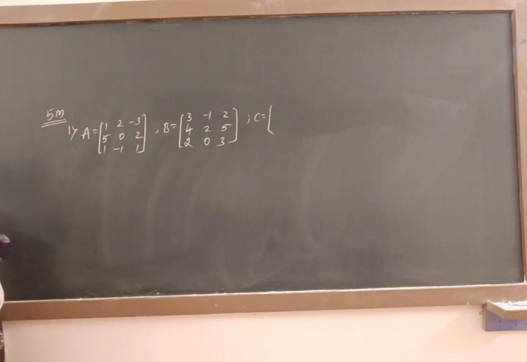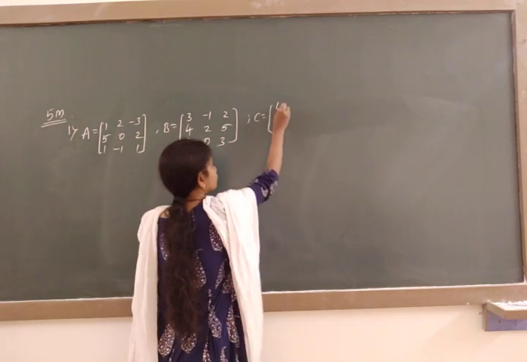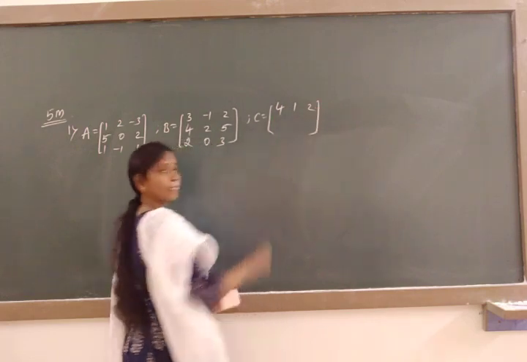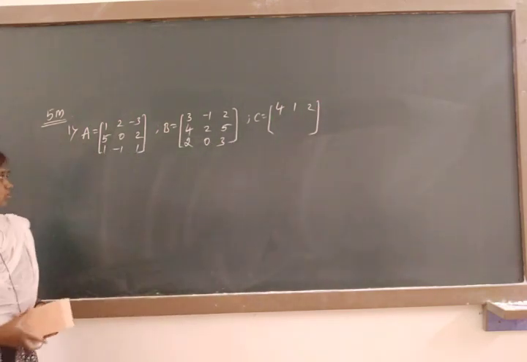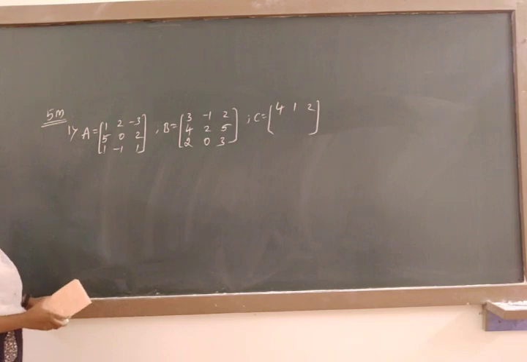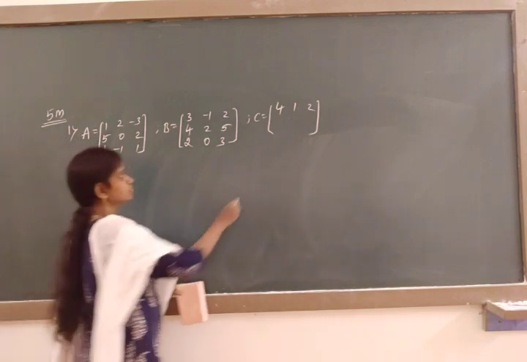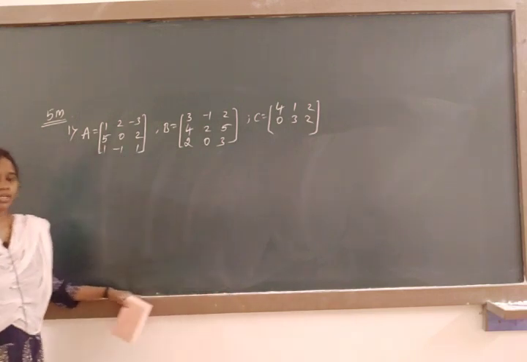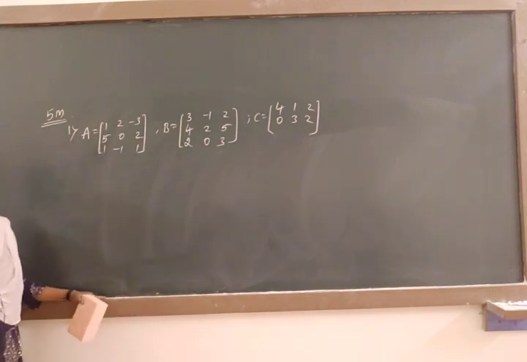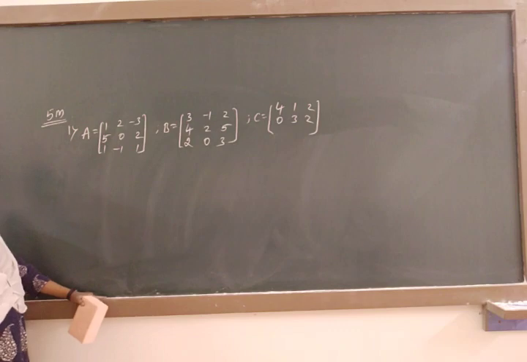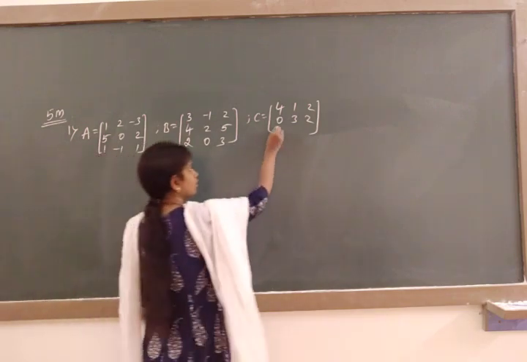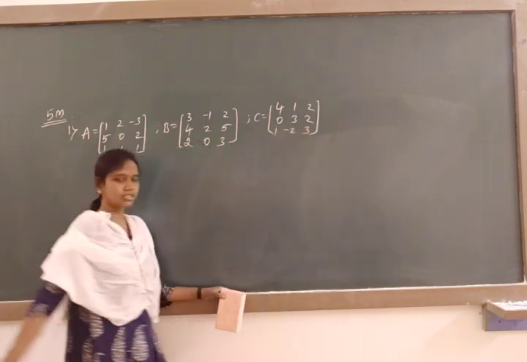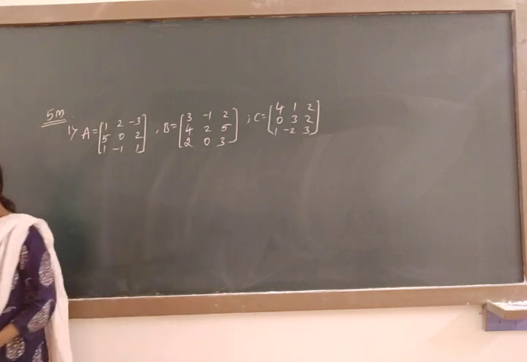C is equal to first row 4 1 2, second row 0 3 2, and third row is 1 minus 2 3.